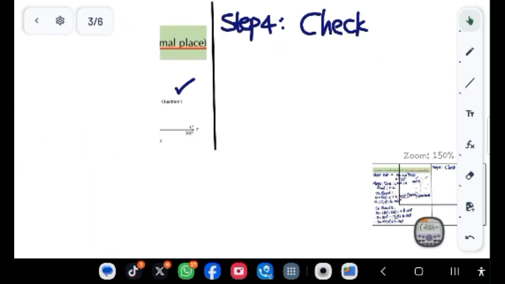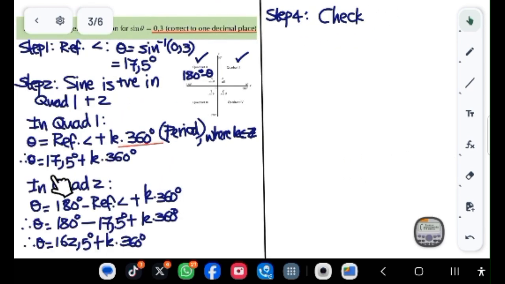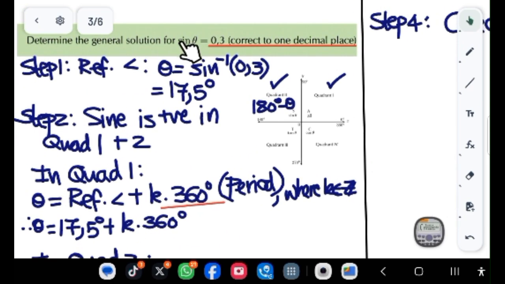Let's check. How do we check? We take the theta we found, the solution we found, and we substitute it back into the original equation.